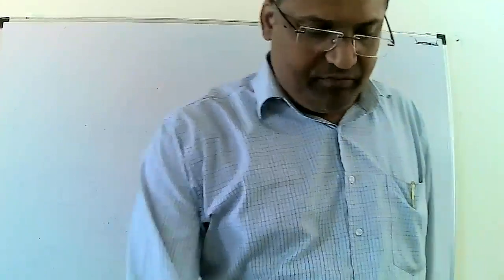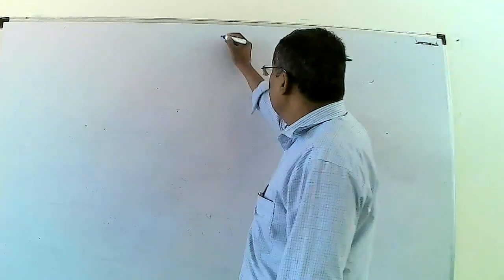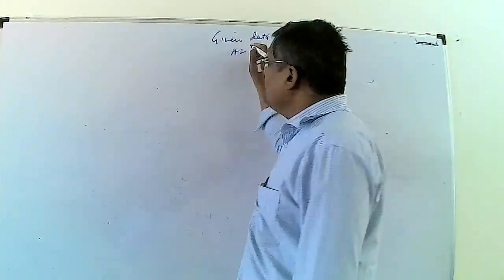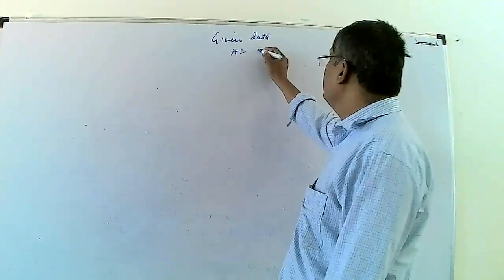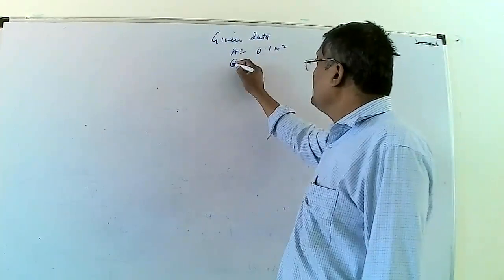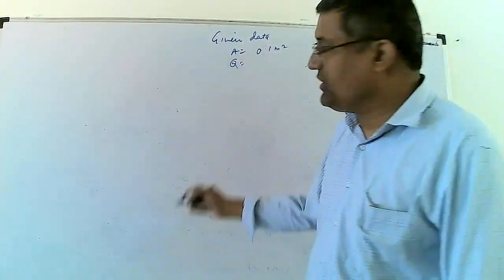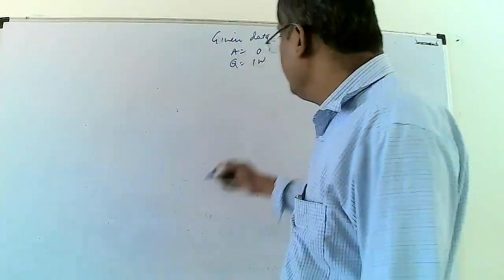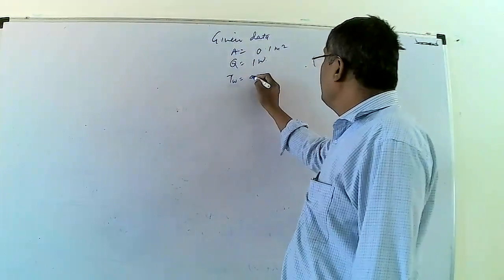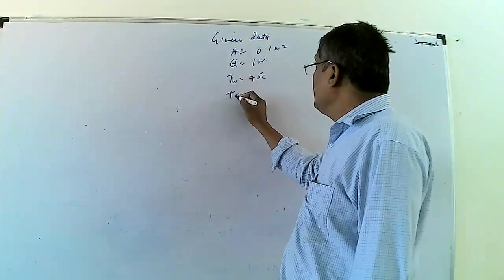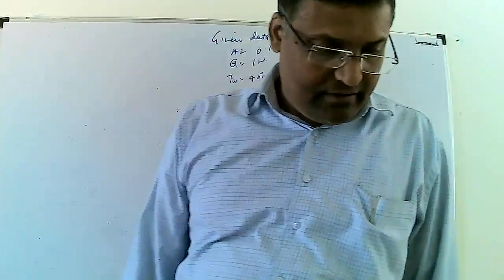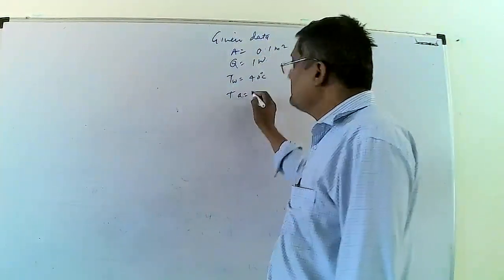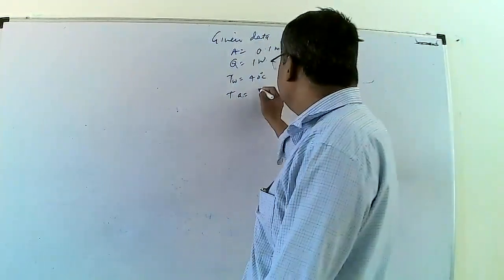In the problem, data: area is given, the value is 0.1 meter square. Q is given, heat transfer rate 1 kilowatt. Then water temperature 40 degrees Celsius, and air temperature, that value is 40 degrees Celsius.